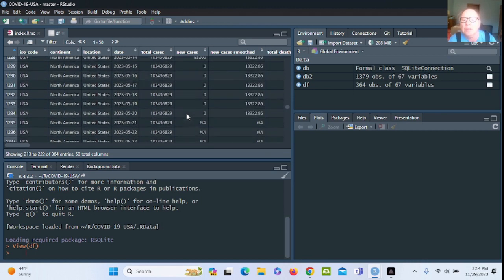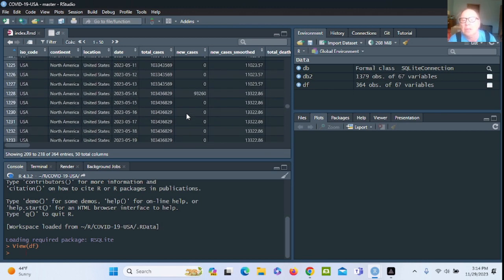Well, so when's the answer? The answer is, as of May the 15th, 2023, they stopped recording COVID-19 data on a daily basis. Okay? What about deaths?